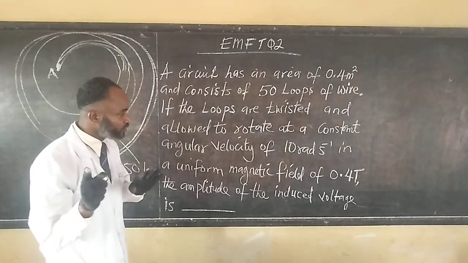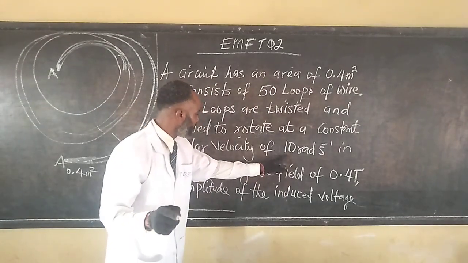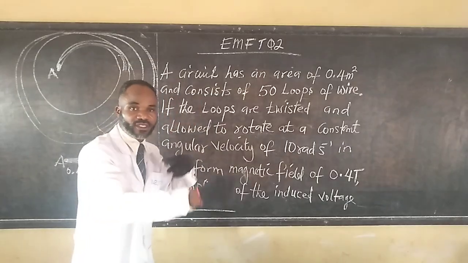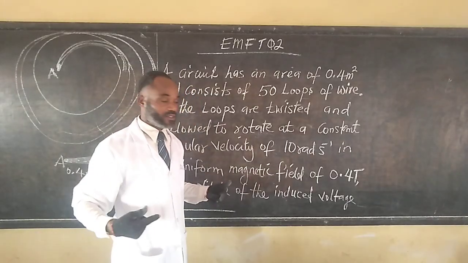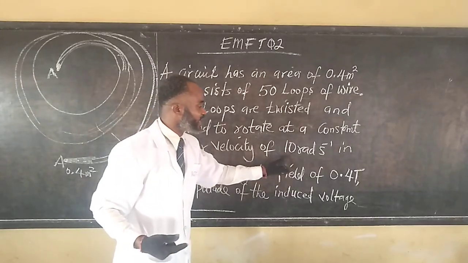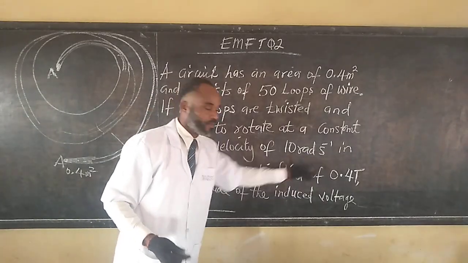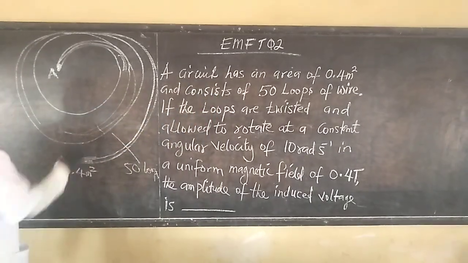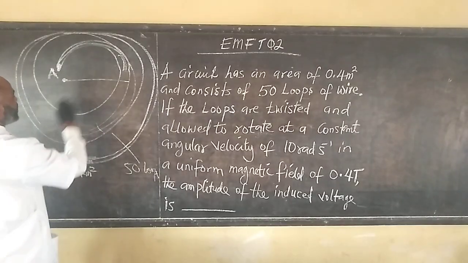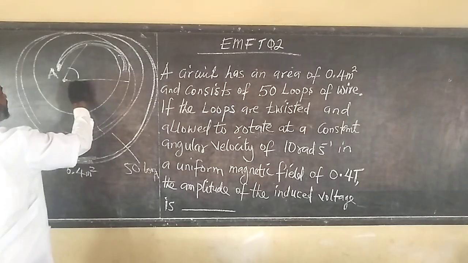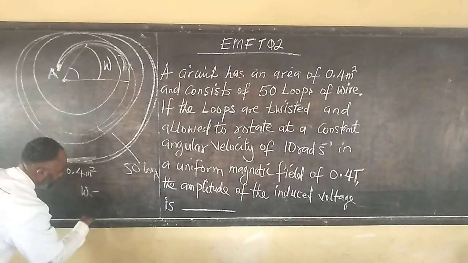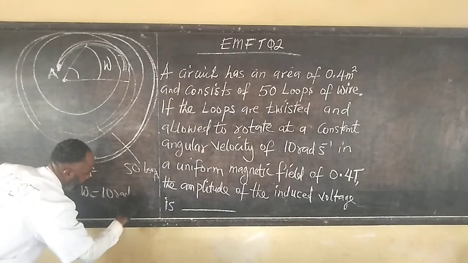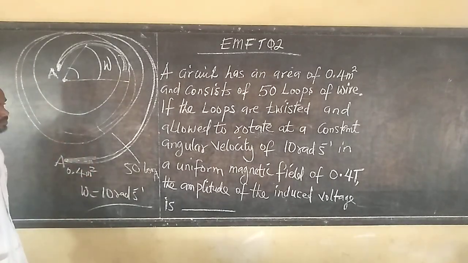What next? There is something we need to take note of. The angular velocity. Each time it turns, an angle is swept across. So the angular velocity is 10 radian per second. Maybe this is the center, and if you take the radius somewhere, the angular velocity is what we're talking about. So W is equal to 10 radian per second. Take notes.